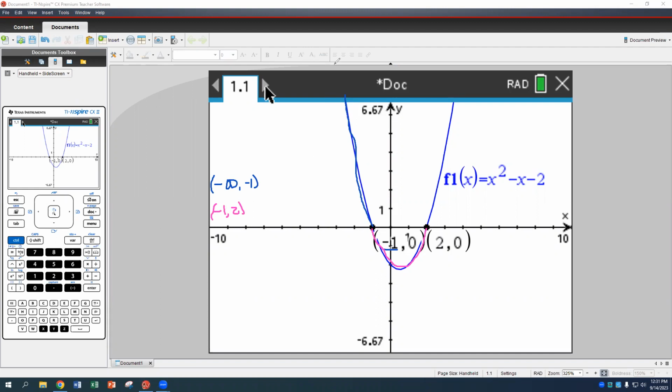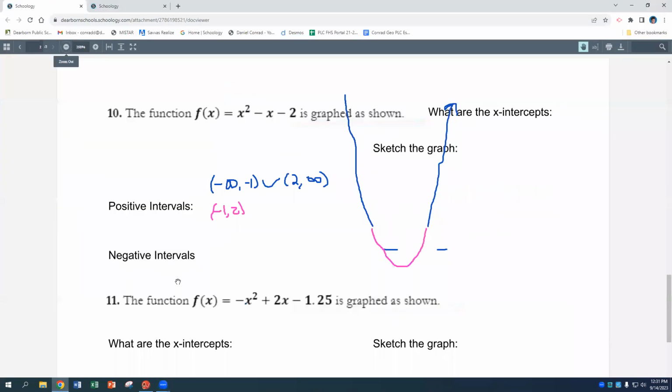And then it goes back to positive, from 2 all the way to the right, which is infinity. That would be our answers: our positive interval and our negative interval. And then we can sketch the graph there as well.